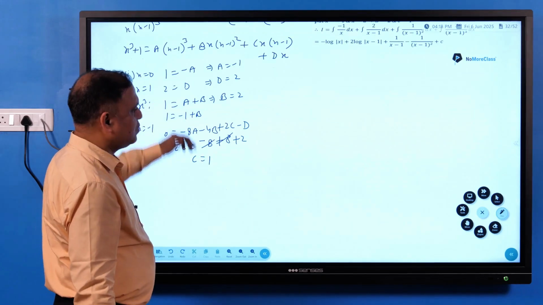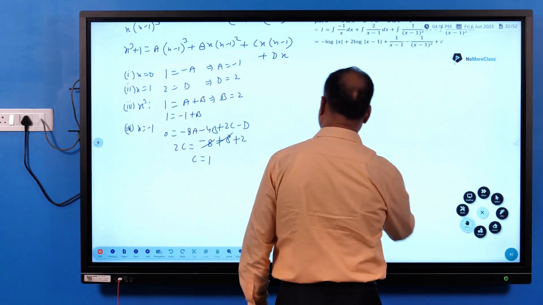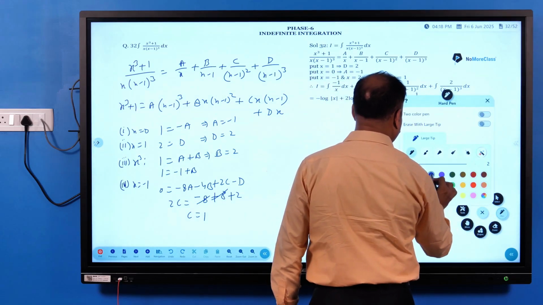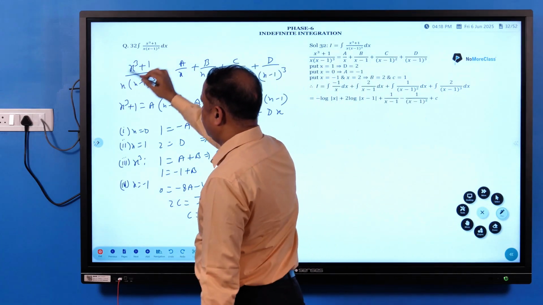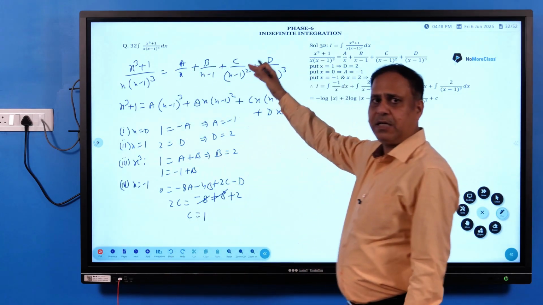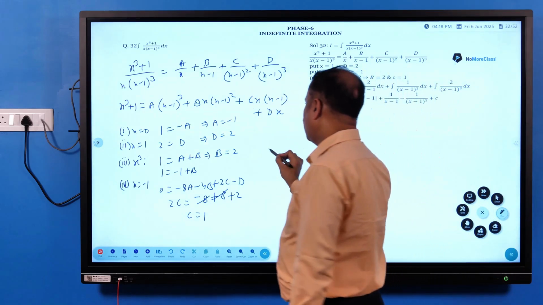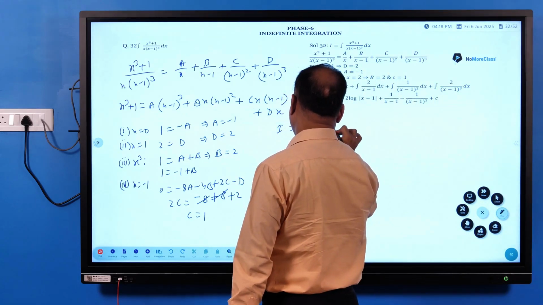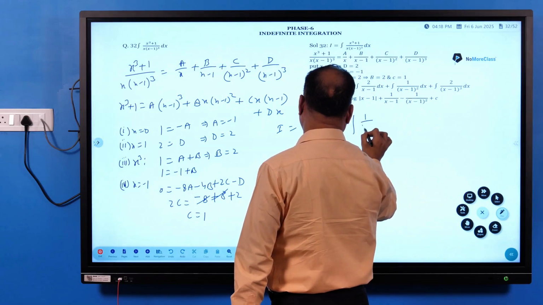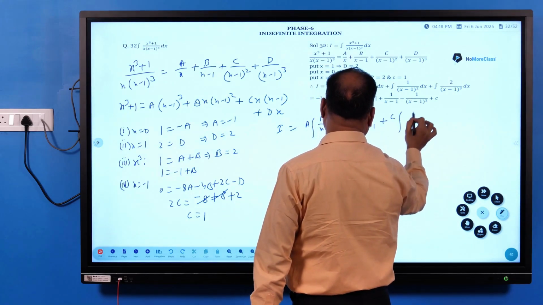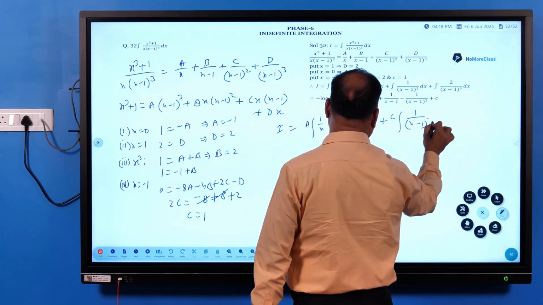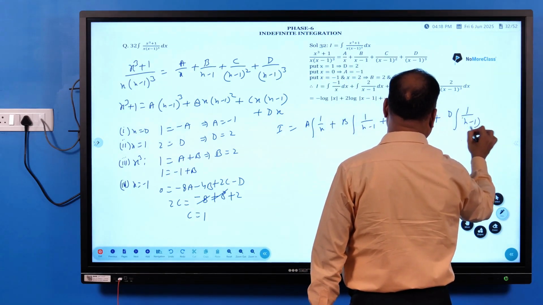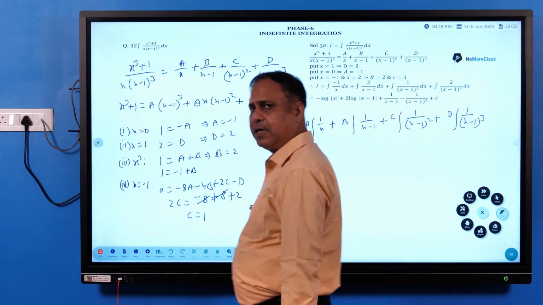Now put these values of the constants into this integral. This expression I have to write in these terms, a upon, b upon, c upon. So I is equal to a integration of 1 upon x plus b integration of 1 upon x minus 1 plus c integration of 1 upon (x minus 1) whole square plus d integration of 1 upon (x minus 1) cube. All are very easily integrable functions.